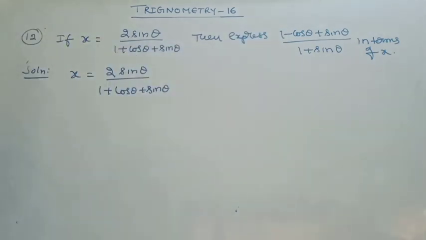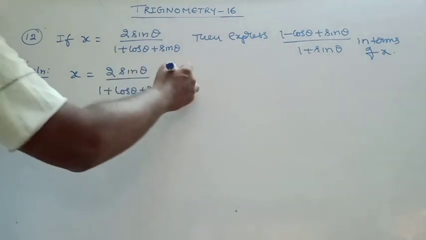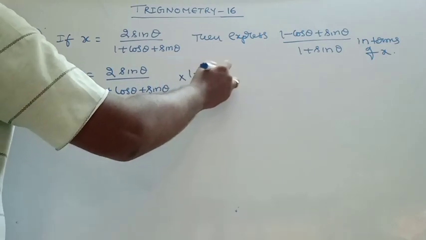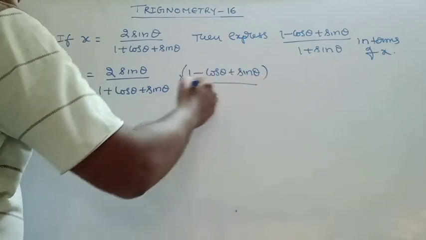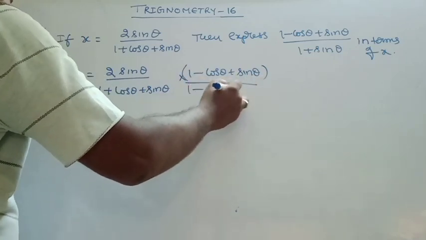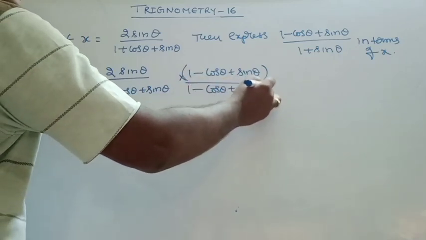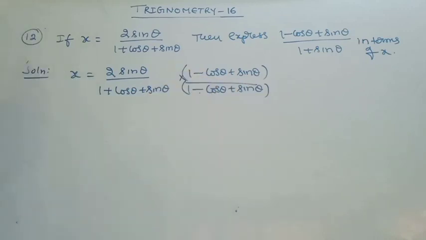For that what we do is we multiply x, numerator and denominator, by 1 minus cos theta plus sin theta. We multiply here 1 minus cos theta plus sin theta, and here also 1 minus cos theta plus sin theta, right?